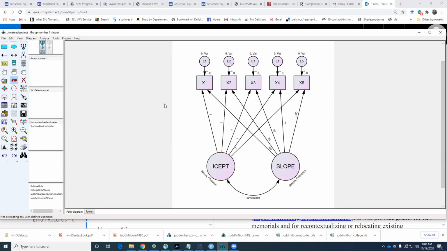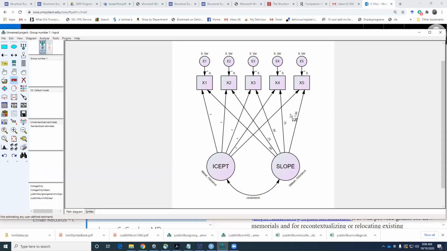But my point here about not letting the plugin do your work for you is if we come over here and take a look at the numeric values they use for slope, these are the values that the program has selected. And what it's doing is the first measurement occasion is 0 and the last measurement occasion is 1. And then it does equally spaced steps from there to there.